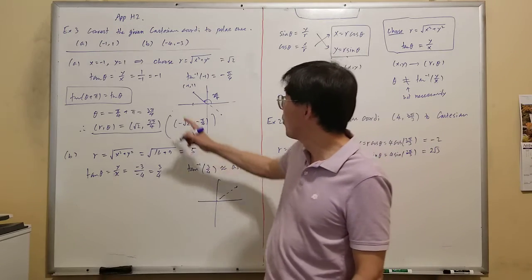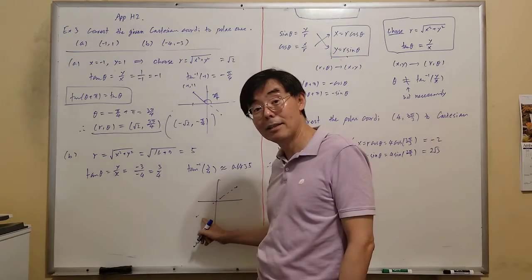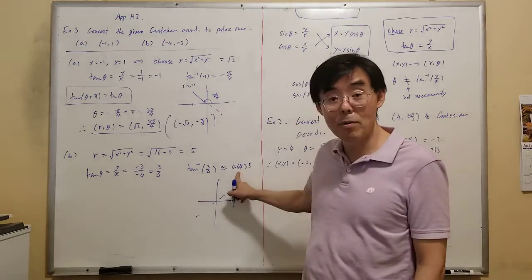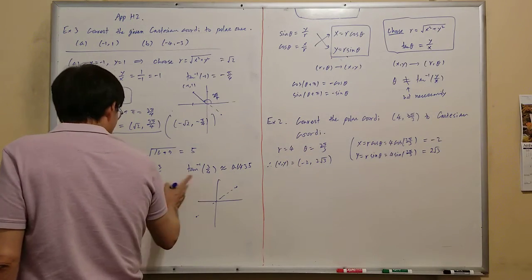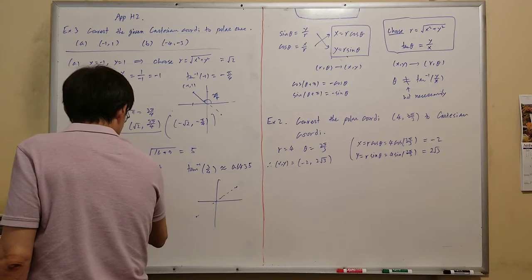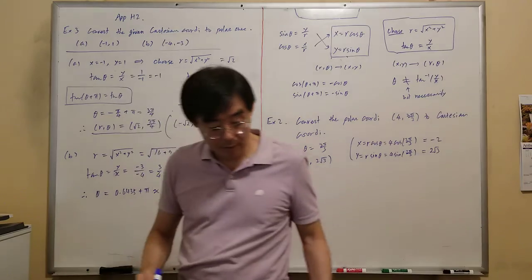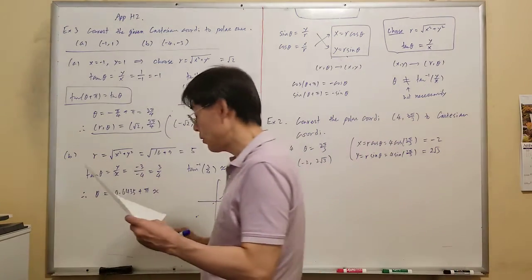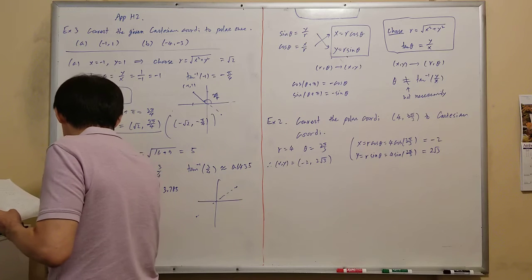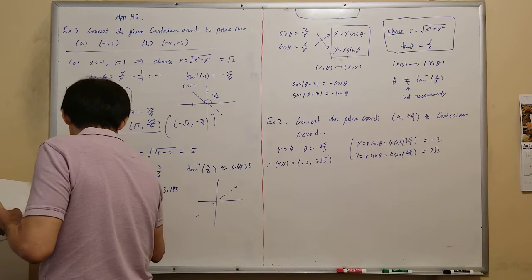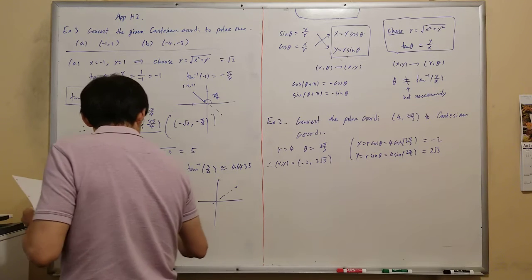But that's not where our point is. Our point should be on the other side, right? So again, this is in the wrong quadrant. Therefore, our theta should be pi more, which is about 3.785. Therefore, our r, theta should be 5 and 3.785 radians.